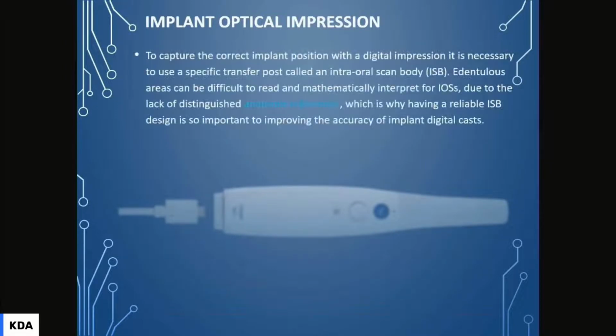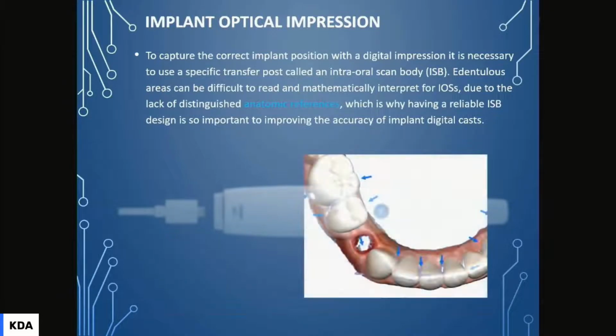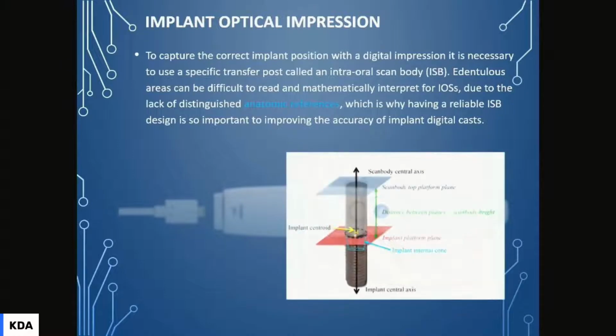The reason it's a challenge is that it's difficult to capture the position of implants without a reference point. So we can't really know the depth of the implant, where it is, using an intraoral scanner without the use of a scan body. A scan body is a part or a prosthesis that we attach to the implant and scan.